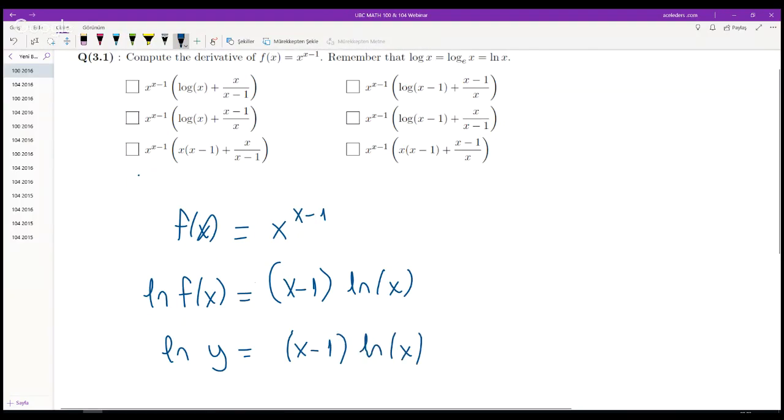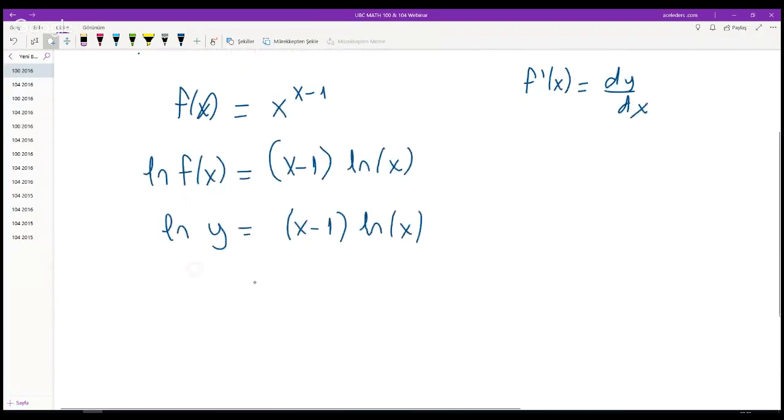Now I differentiate both sides with respect to x, because what I need to reach is the derivative of f(x), f prime of x, dy over dx. That is my goal.